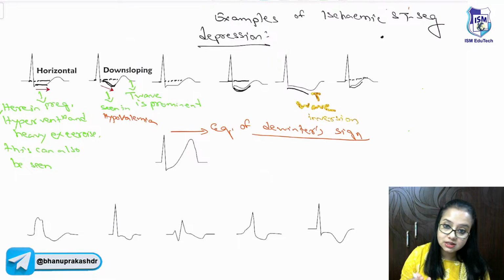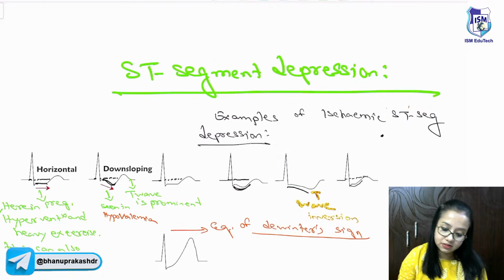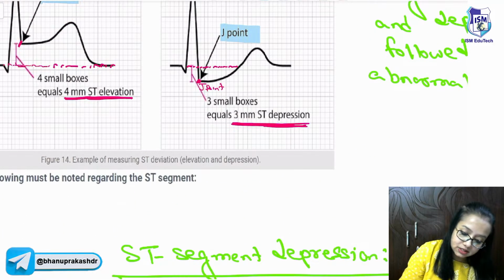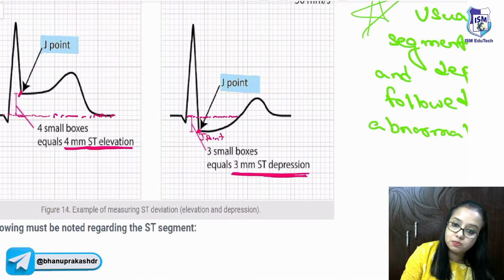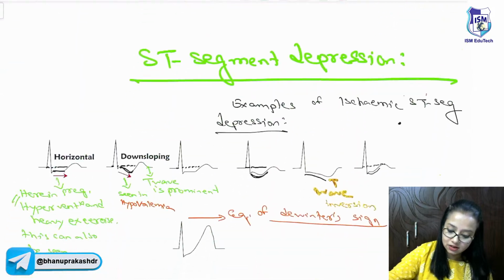If the ST segment is going up and down, automatically the J point will go up and down, because the beginning of the ST segment itself is the J point. So it will never happen that the J point is fixed and the ST segment has gone up and down. Okay, it never happens like that.